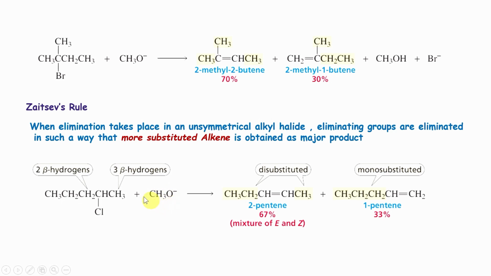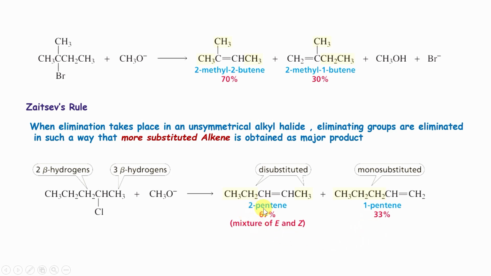On treating with a base, for example methoxide ion, two different alkenes are obtained. Among these, the more substituted, or disubstituted, alkene, here 2-pentene, is obtained as the major product, about 67%, whereas 1-pentene, the less substituted alkene, that is only monosubstituted, is obtained at about 33% only.